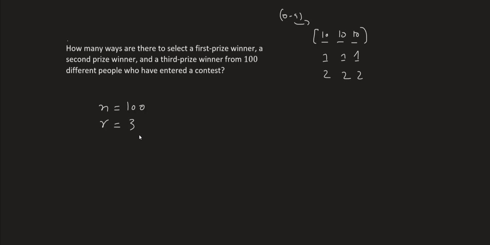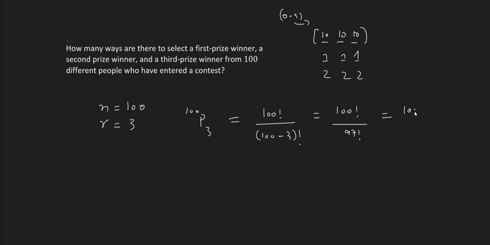So what we'll have here is 100 P3, which is equal to 100 factorial divided by 100 minus 3 factorial, which is equal to 100 factorial by 97 factorial.